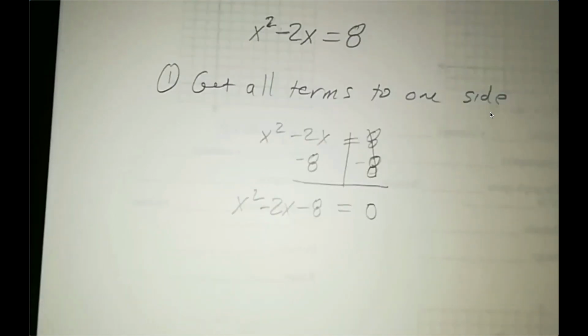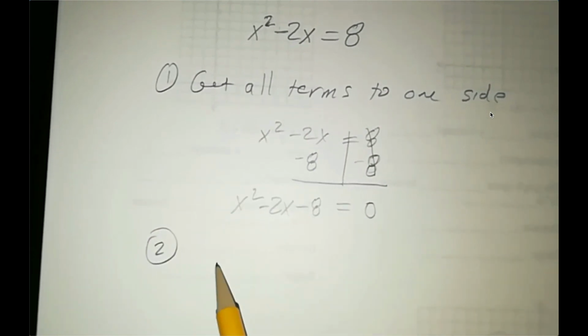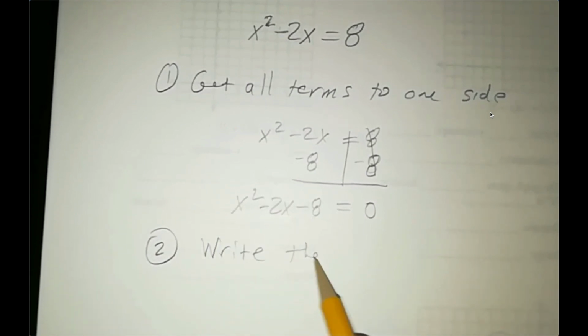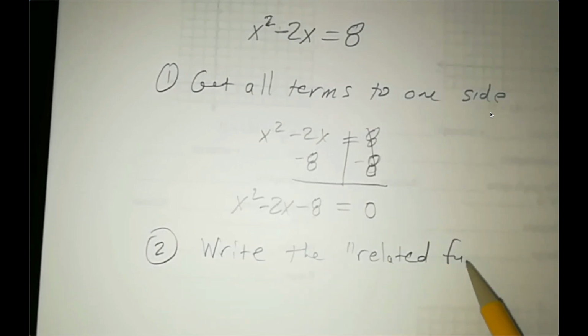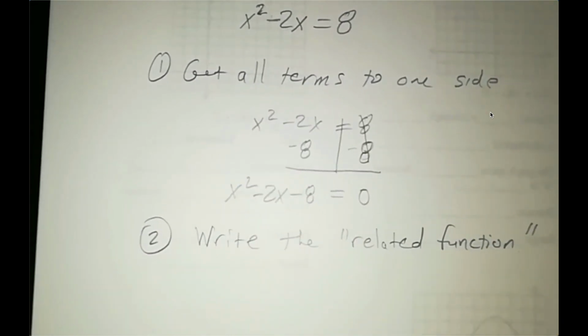Then what you do, at least with the graphing technique that we're learning about today, is you write the related function. So right now, this is not a function. This just has x in it. There's no y here. You only have a function when you have at least two variables, right? Usually x and y, or x and f of x.